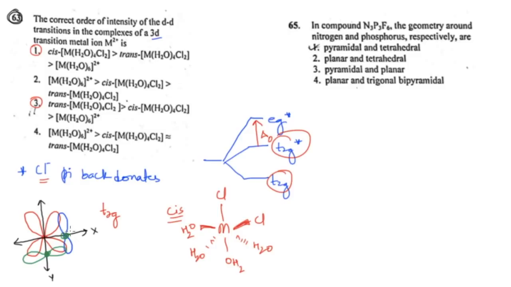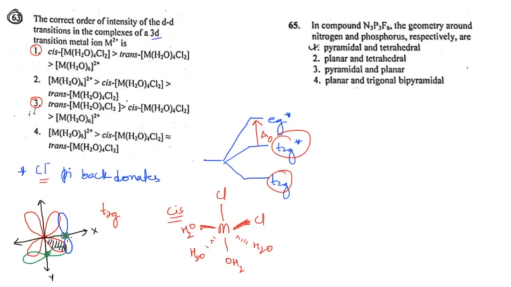And you can see that there is a clash of overlapping on this metal orbital. Both of these chlorine atoms are trying to overlap with this orbital, which is not possible. So the pi back donation will be less over here.